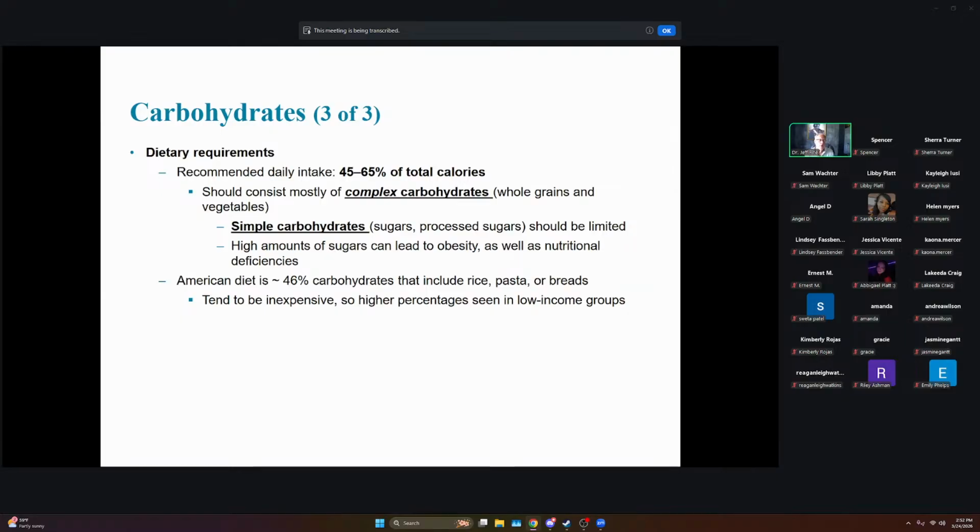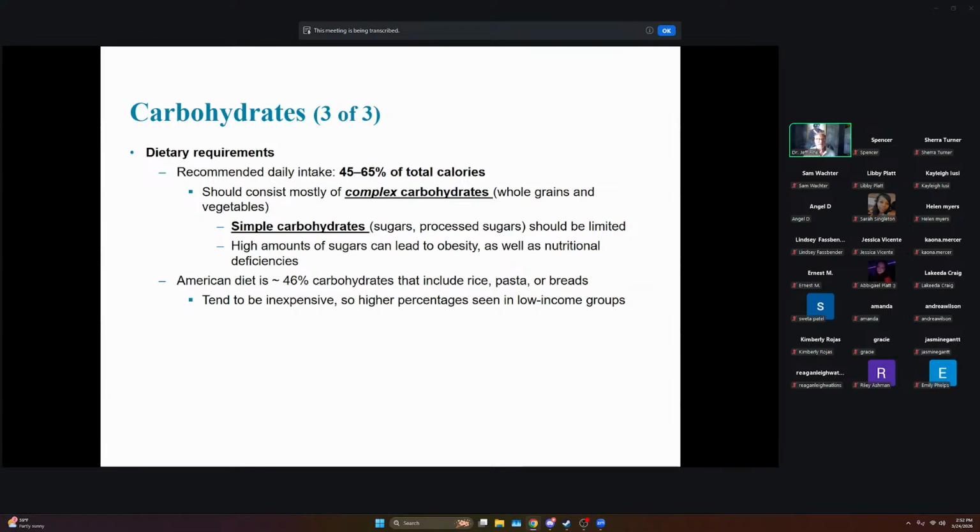Of the macromolecules, the nutrient types carbohydrates, lipids, and proteins, carbohydrates is by far the least expensive, okay? You can eat rice and pasta and bread a lot less expensively than you can steak or pork chops or crab legs, right?